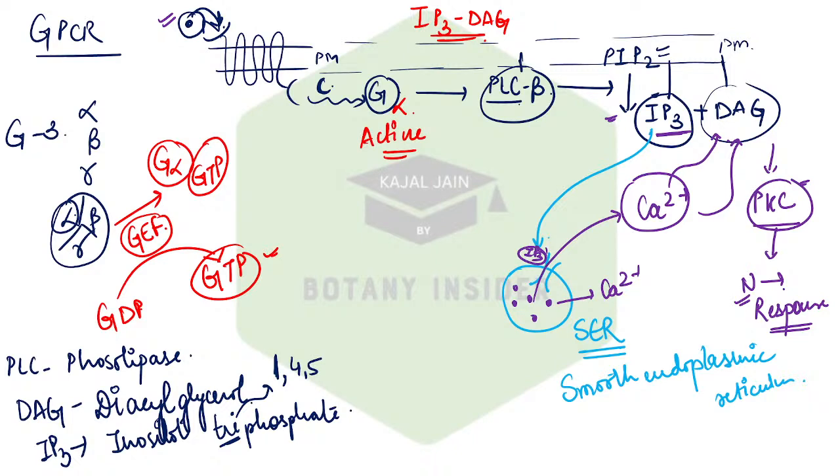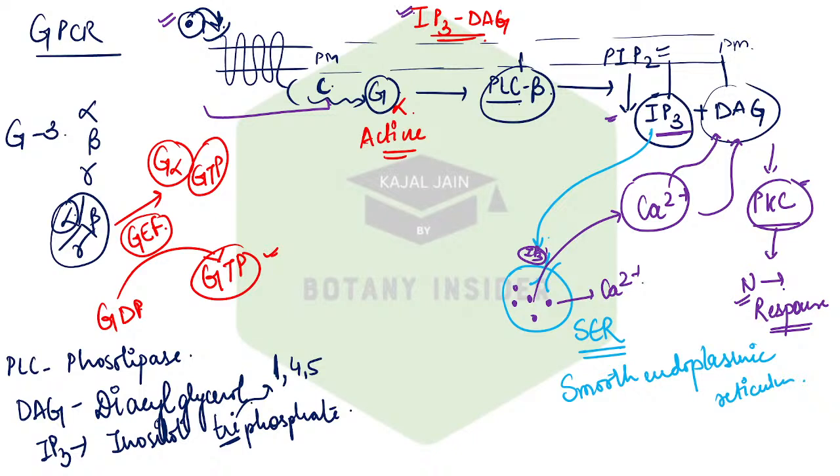Very, very important. The initial thing over here is something that you understood yesterday. Now in the IP3 pathway, there are additional steps. From every step possible, the question can be formed.